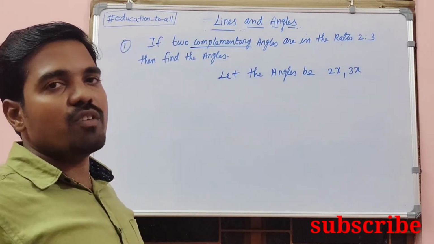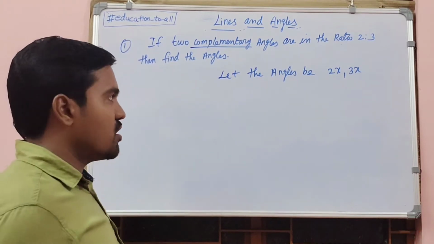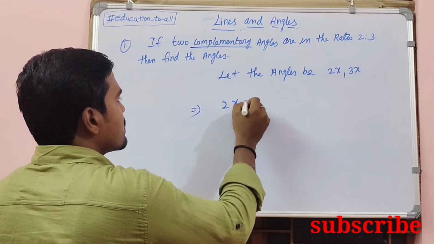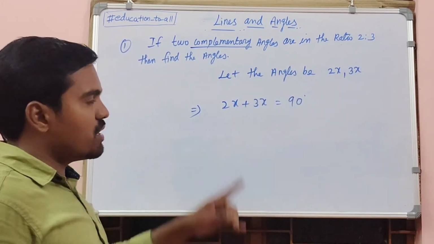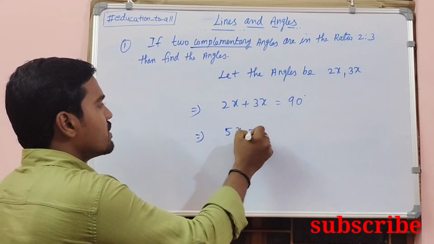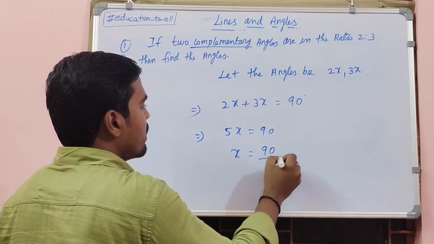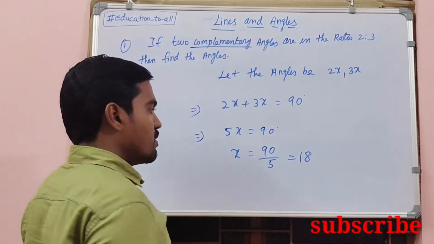When two angles are complementary, their sum should give 90 degrees. So if I add 2x plus 3x, it will give 90 degrees because it is complementary as per the given question. So 5x equals 90 degrees, then x equals 90 by 5, so 18.